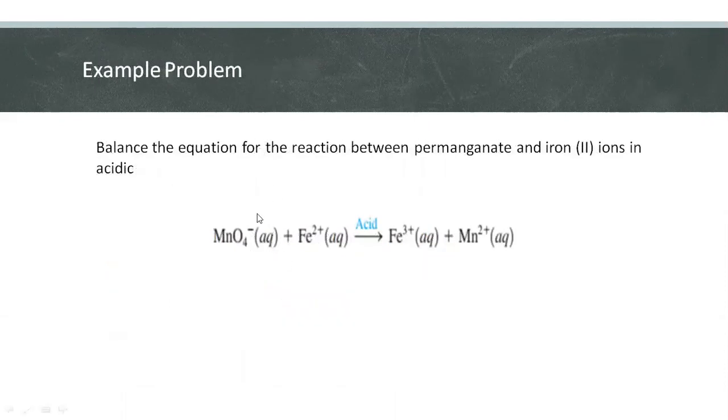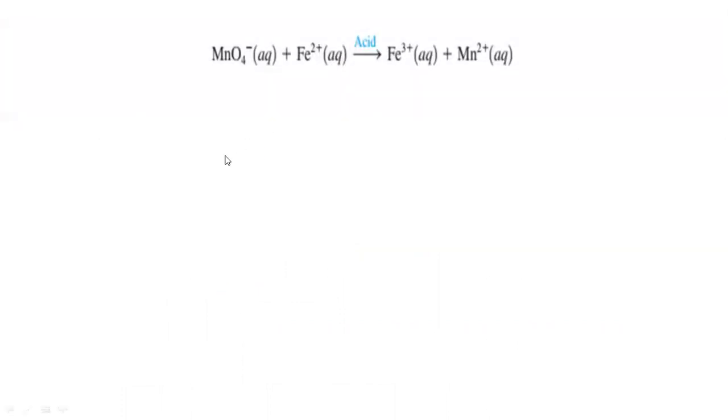So let's have an example. Balance this reaction between permanganate and iron in acidic solution. First thing we have to do is to assign the oxidation numbers. For permanganate, we have -2 for oxygen.